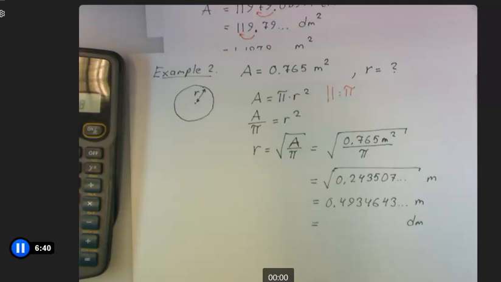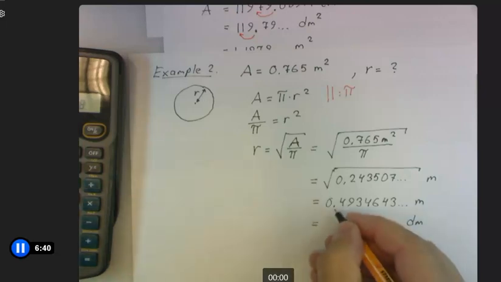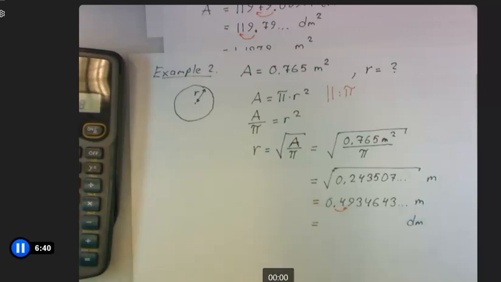Multiplied by 100. 10. Yes. Because now the exponent of the unit is 1. So only one step, or multiplying with 10. So in this case, this point moves there.